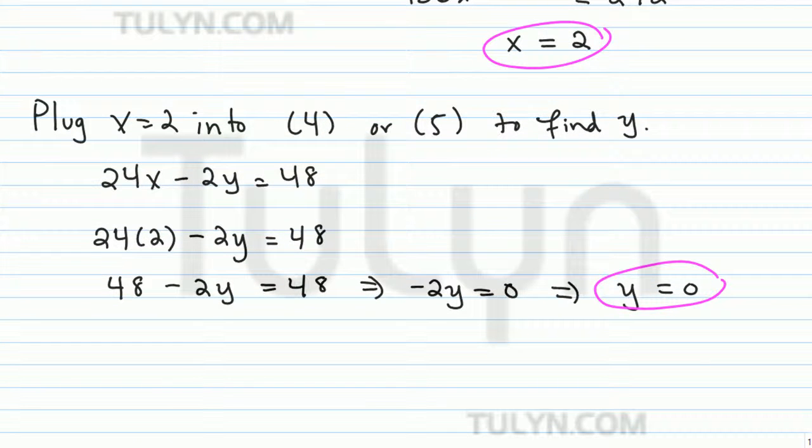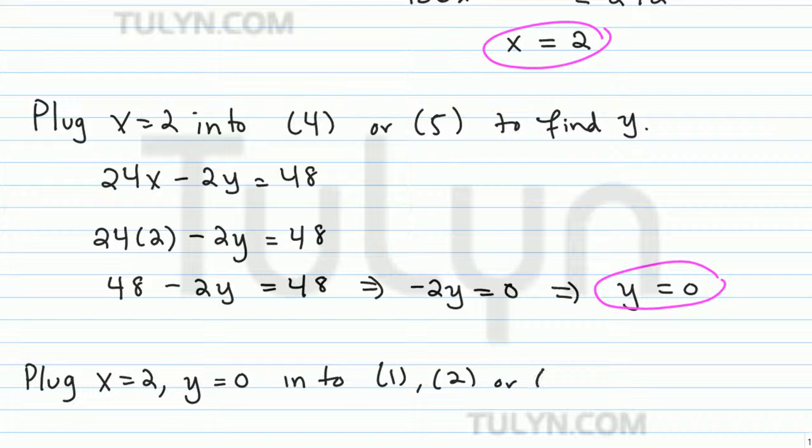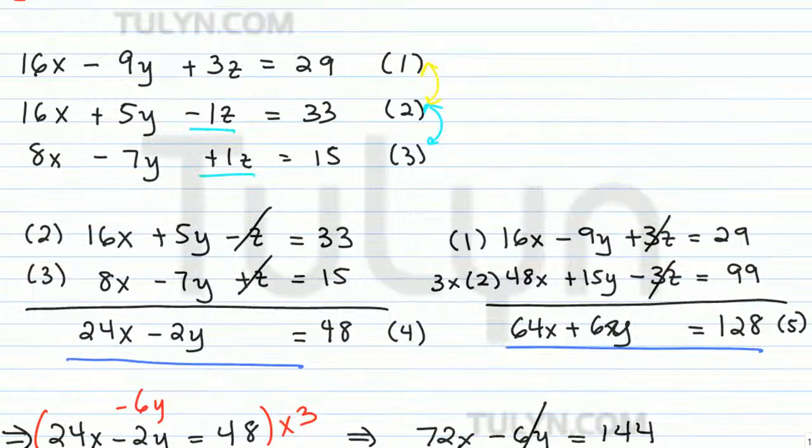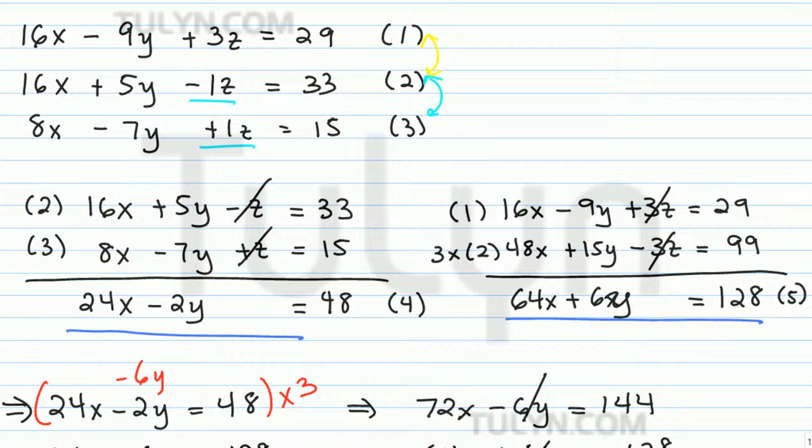So finally, we want to find z, right? That's what's left over. So we want to plug x is equal to 2, y is equal to 0 into either one of the original equations. So let's scroll up to see which one looks the nicest to plug into. It looks like the third one has the smallest coefficients, so it might be the least annoying to plug into.